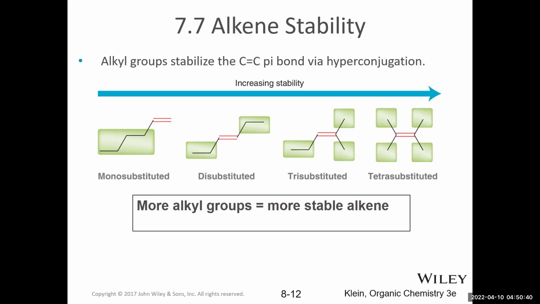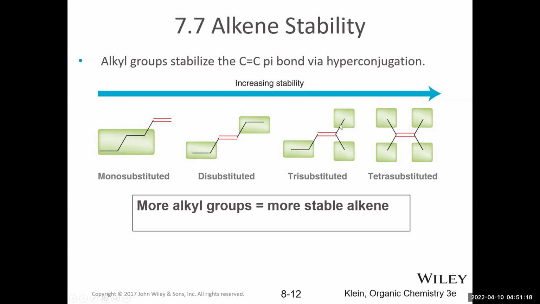And the reason for this is due to hyperconjugation. So recall, hyperconjugation is something that we talked about when we were talking about the stability of carbocations. Recall that if you have a carbon with a positive charge called a carbocation, the more alkyl groups attached to that carbon, the more stable the carbocation was because of hyperconjugation, which are carbon-hydrogen bonds that are overlapping with the p orbital, donating electron density or delocalizing electron density.